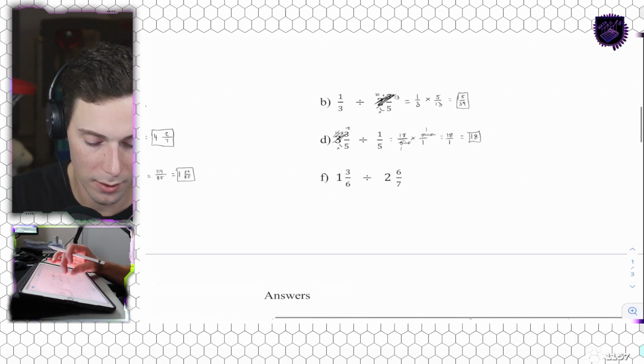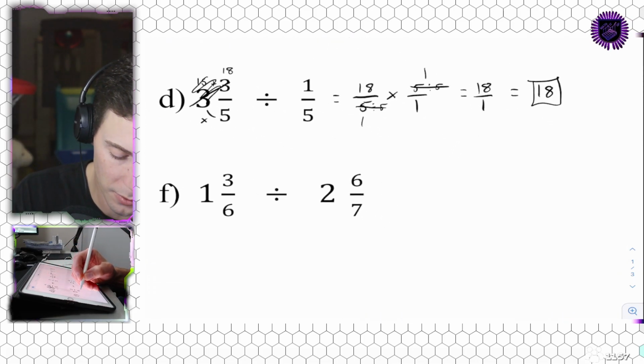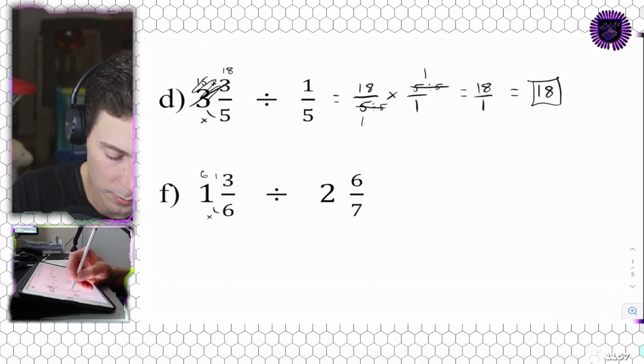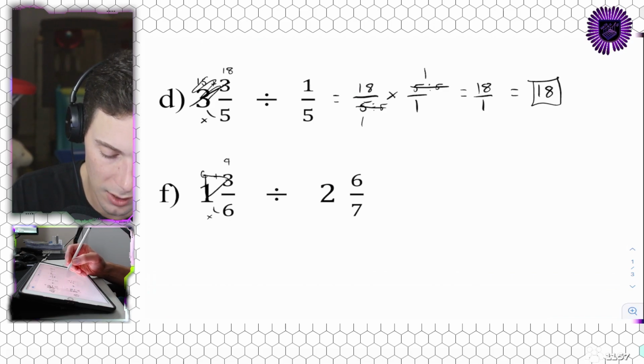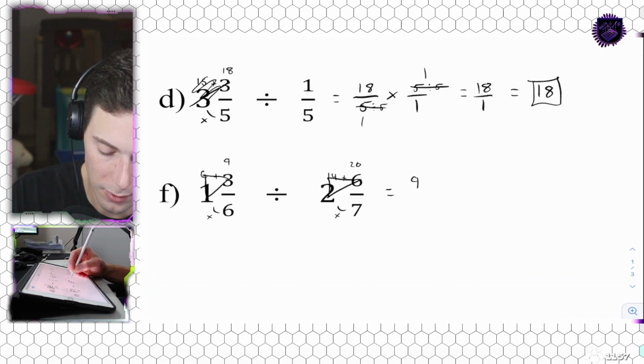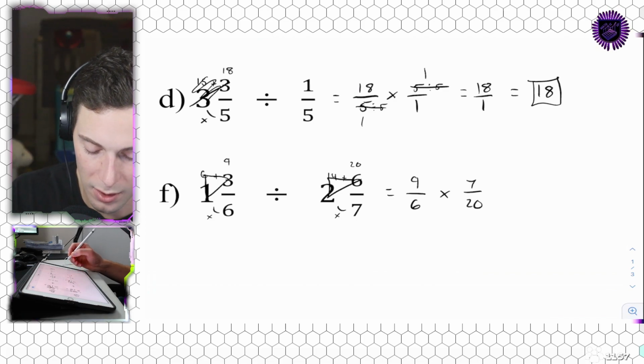Last one, double mix. So let's do it again. We'll go multiply. That's 6 plus 3 is going to be 9. 7 times 2 is going to be 14, plus 6 is going to be 20. And we're going to keep, change, flip, so we're going to have keep 9 over 6, change our sign, and flip to 7 over 20.